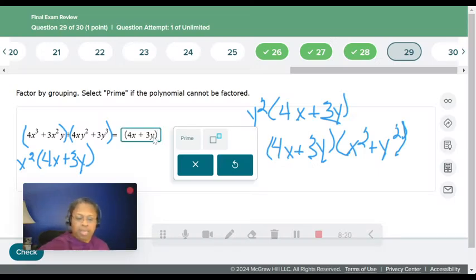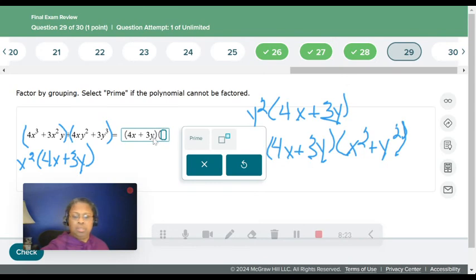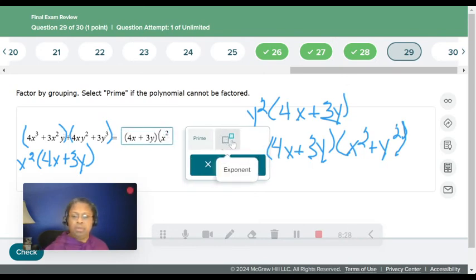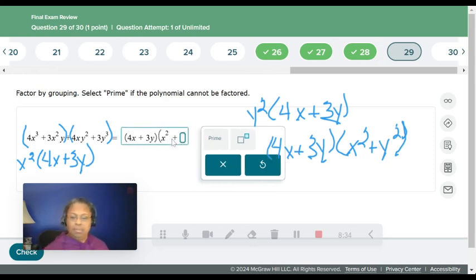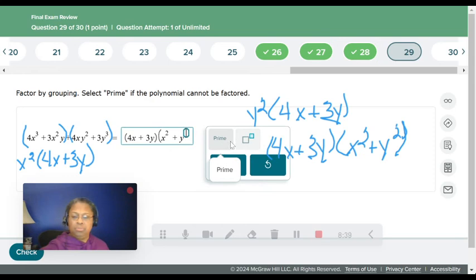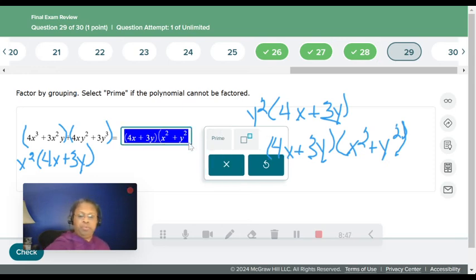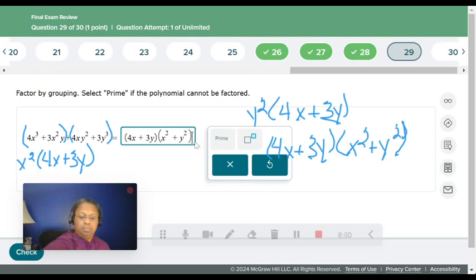And then we multiply it times x squared plus y squared. Great. Not so great. Move this over there. I actually wrote it like that the first time too. Let's see what they think.